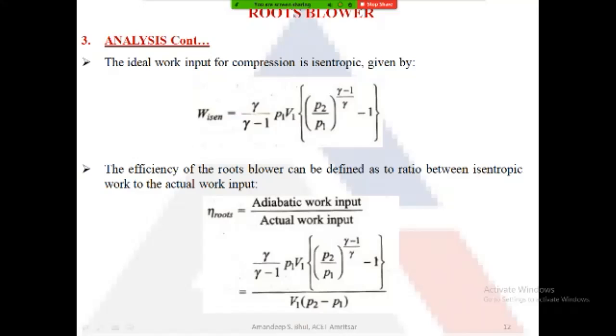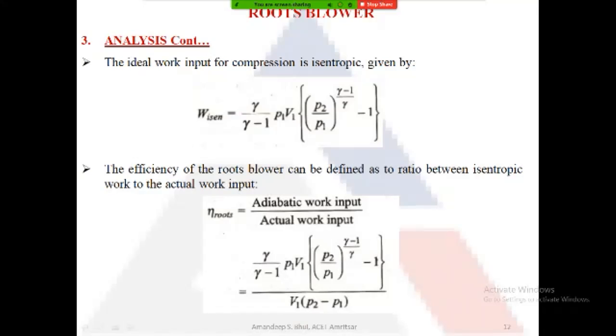This equation we have derived in the first chapter, on reciprocating air compressors, where the isentropic work is given by this equation. So we now have the ideal work done and the actual work done.